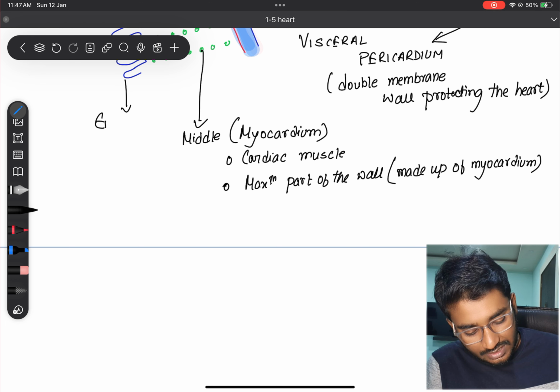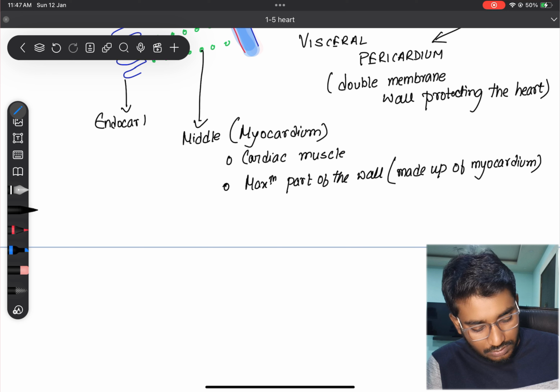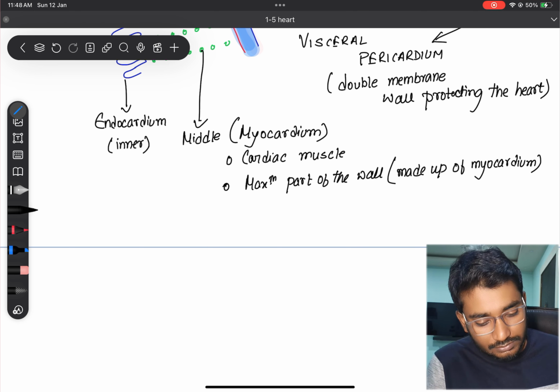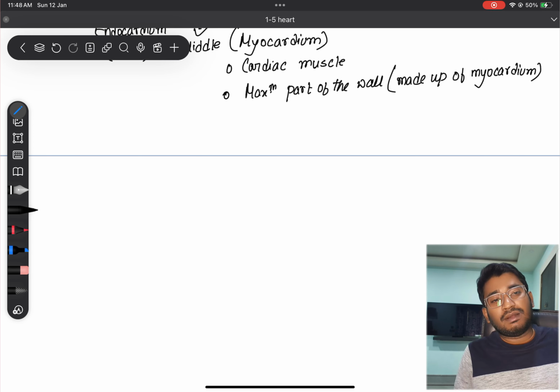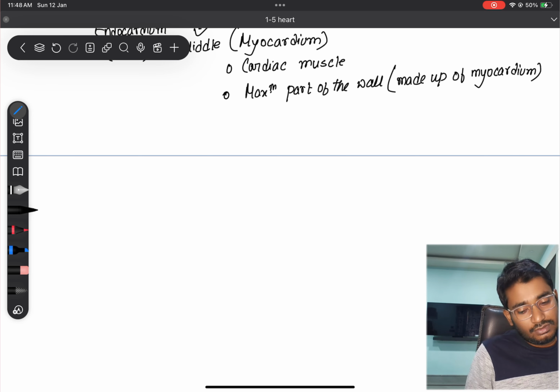And this is the endocardium, the inner part. So the inner part is called the endocardium, the outer part is called the pericardium, and the middle part is called the myocardium.